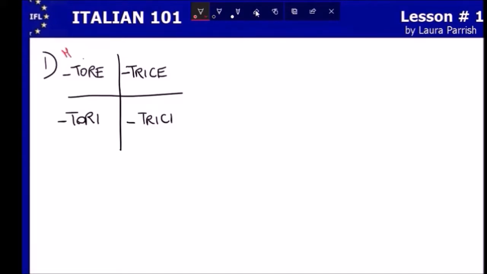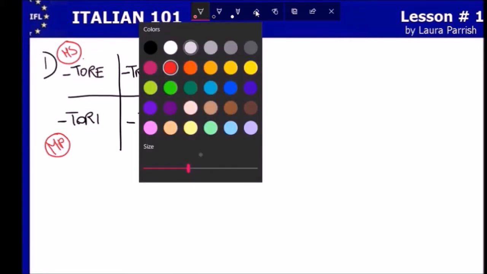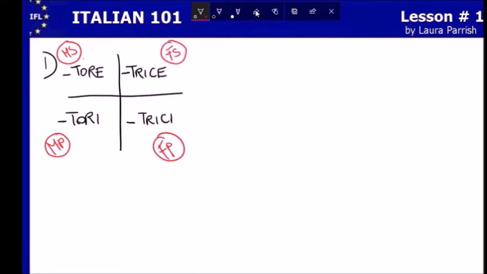Okay, masculine singular. Here it is. Feminine singular. Here it is. Masculine plural. Here it is. And feminine plural. Always like that. So now let's say that we have another word ending in tore, pittore.